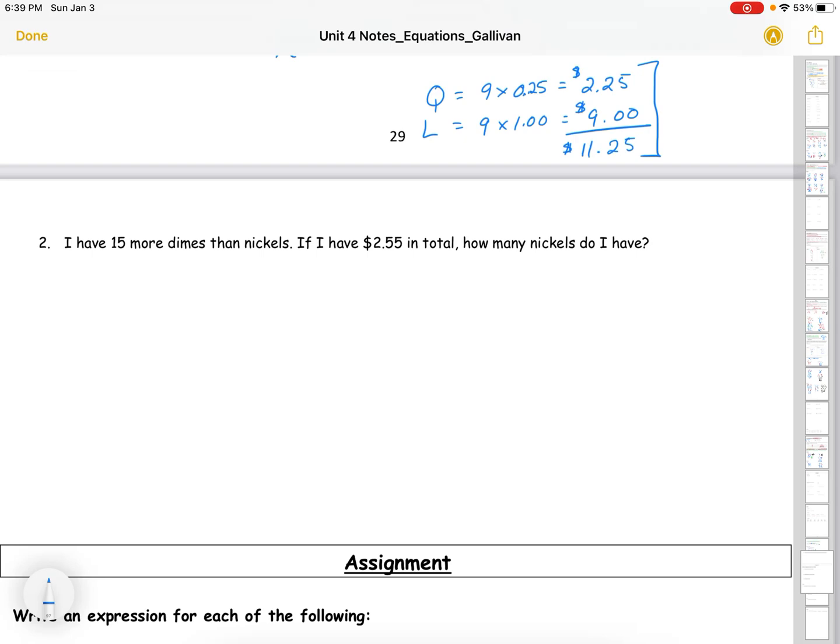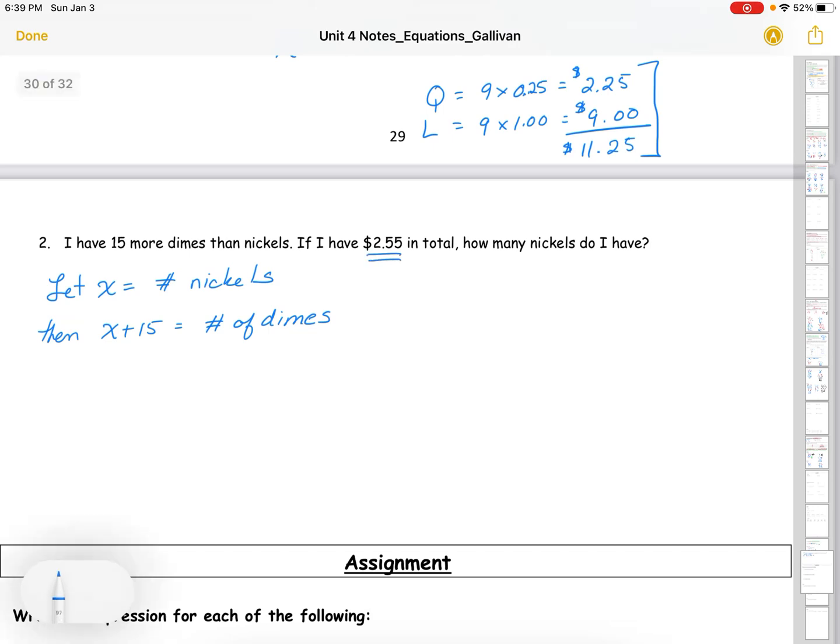I have 15 more dimes than nickels. If I have $2.55, how many nickels do I have? Okay, so let x equal the number of nickels, then x plus 15 equals the number of dimes, right?